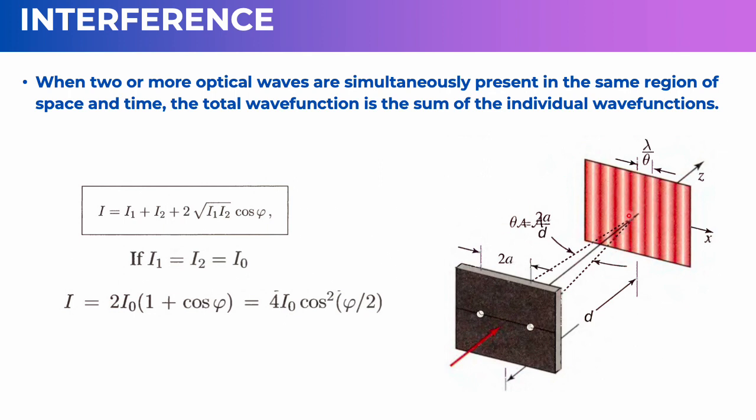The points where it's the brightest, it's called constructive interference, and that's usually when the waves are in phase, and when the waves have a phase difference of pi, then it leads to destructive interference, and we have almost no light seen over there. So this is the phenomenon of interference.